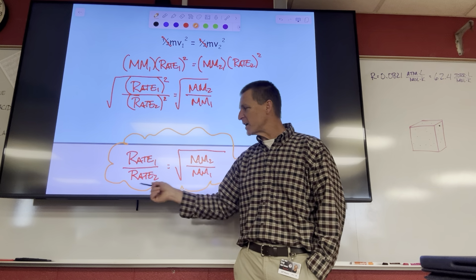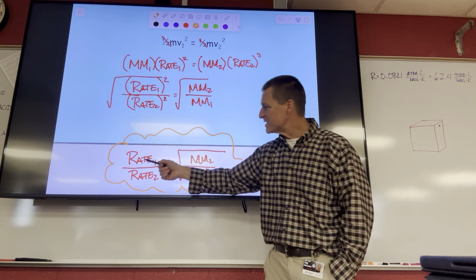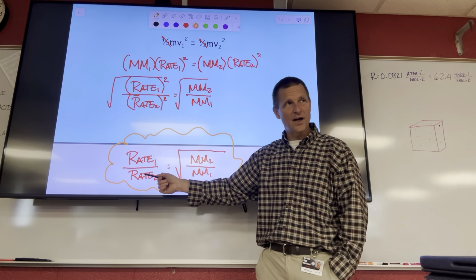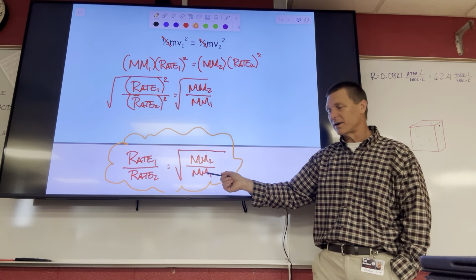So what does it tell us about the molar masses of the two gases? The one that diffuses or effuses faster is the lighter gas, because the other gas must be heavier. If the numerator is bigger than the denominator on the left, the numerator must be bigger than the denominator on the right. So gas 2 must be heavier.